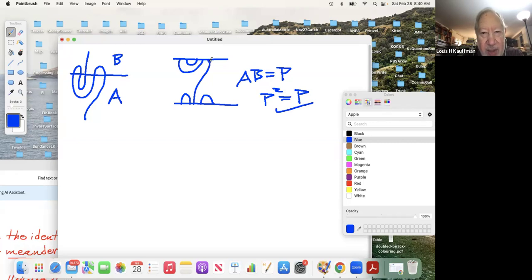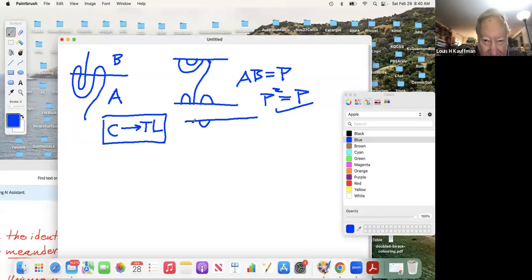Now, what is this in the Temperley-Lieb algebra? So we need to go from the connection monoid to the Temperley-Lieb algebra. And there's a nice way to do this. In general, you could do this just by hand. You need to pair the maxima and minima. So in the case of this small one, you could just look at it and you would say, aha, I need to have a minimum that corresponds to that, a maximum that corresponds to that.